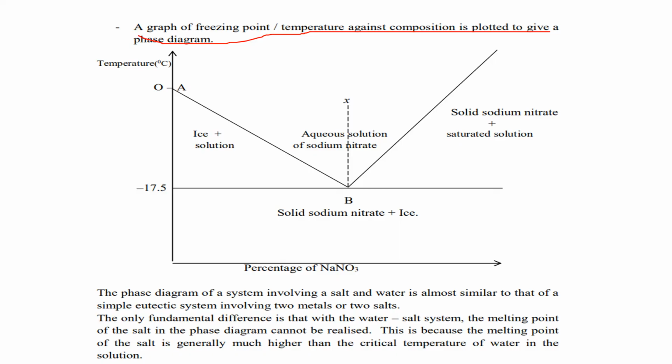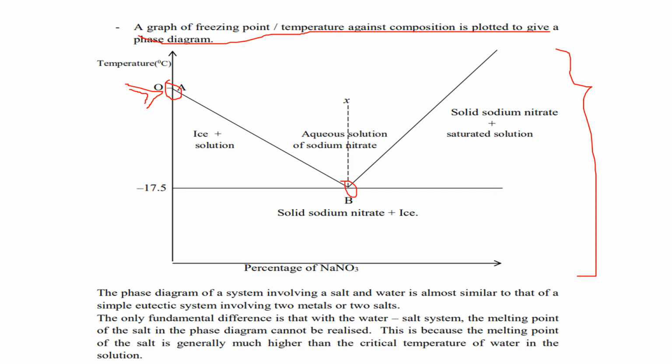So it's very difficult to get the melting point of solid sodium nitrate on a laboratory basis. So this is an example of a simple eutectic system, but it's rarely examined. However, this doesn't mean that you shouldn't understand it. So this is 0, the reason being the melting point or freezing point of water is 0 degrees Celsius.